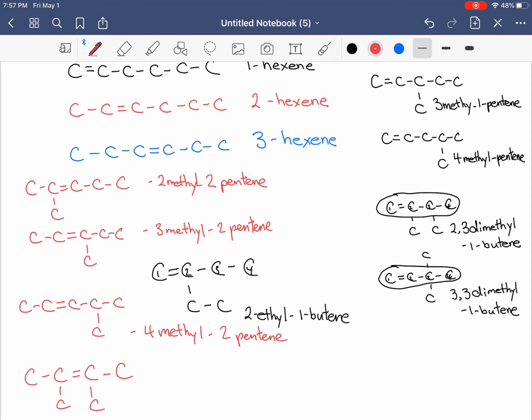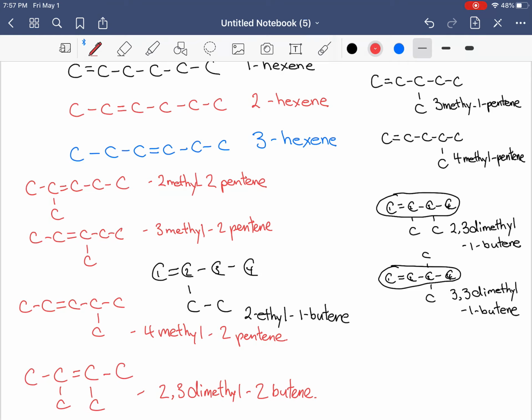This will be C6H12, and this is 2,3-dimethyl 2-butene. And thank goodness this is it.